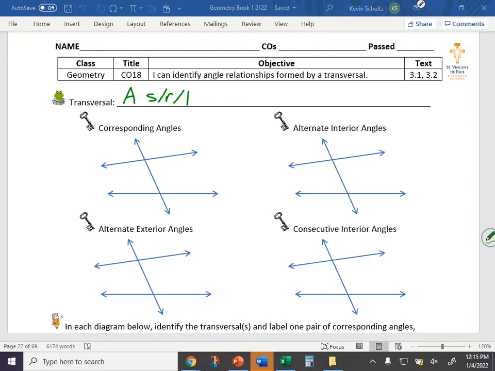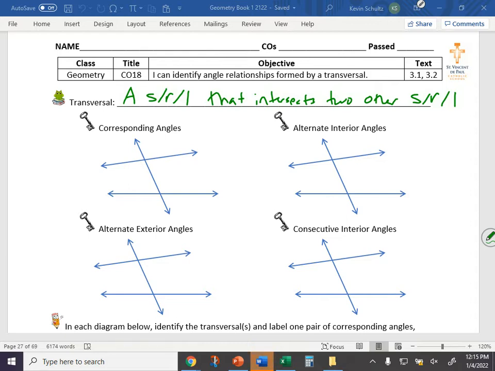So it's a segment, a ray, or a line that intersects two other segments, rays, or lines. Okay, so a transversal is a segment, ray, or line that intersects two other segments, rays, or lines.